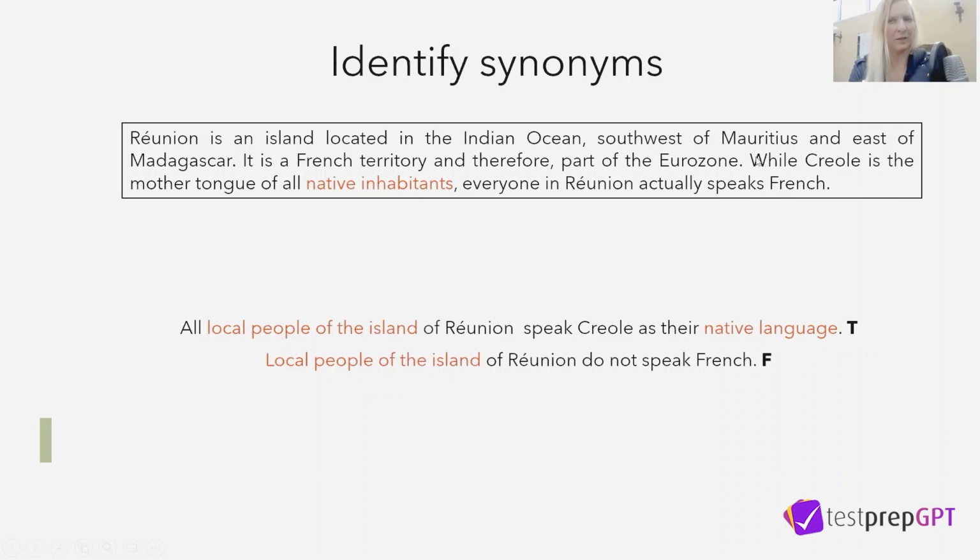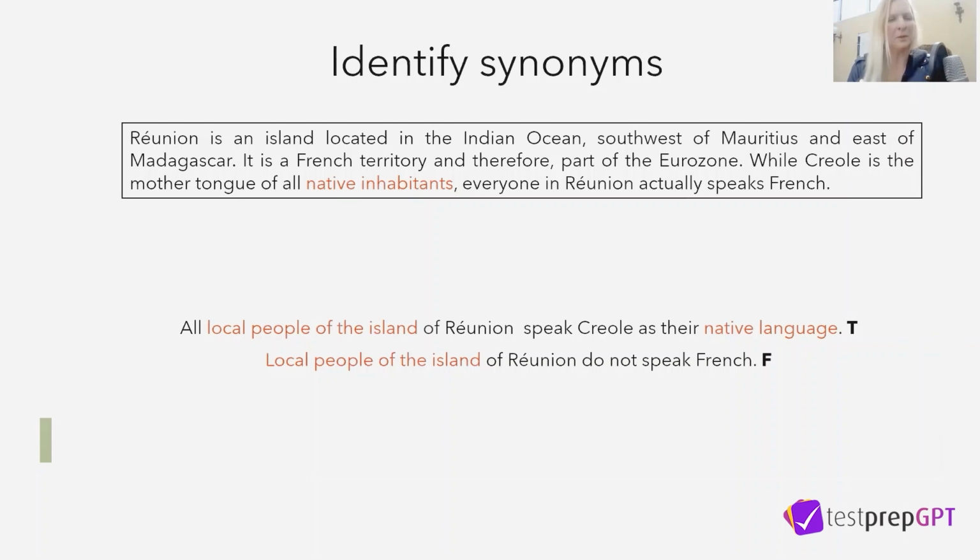And earlier in the sentence, it says, while Creole is the mother tongue. So mother tongue is a synonym of native language. So actually, this sentence is a complete paraphrase of the third sentence in this paragraph. So I'll just repeat that. This first answer is a complete, perfectly written paraphrase of the third statement in the paragraph.